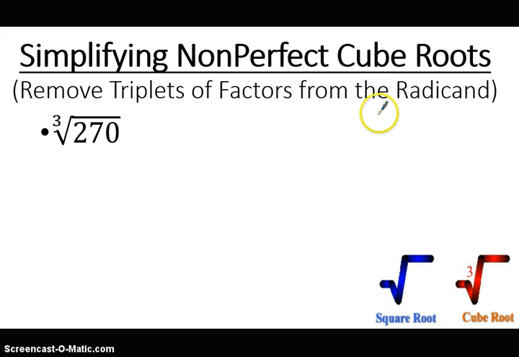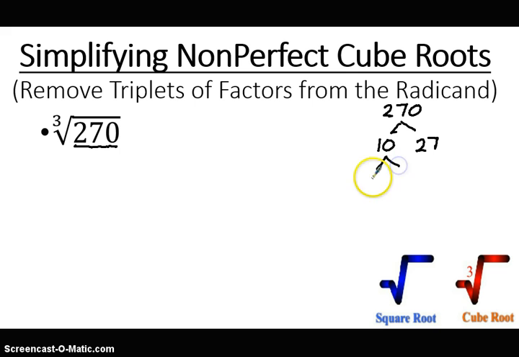So our first step is going to be to rewrite the radicand as its prime factorization. So we need to factor 270. 270 ends with a 0, so I know I could factor it with 10 and 27.